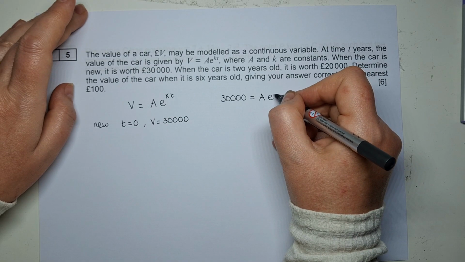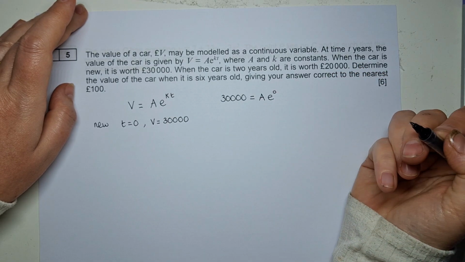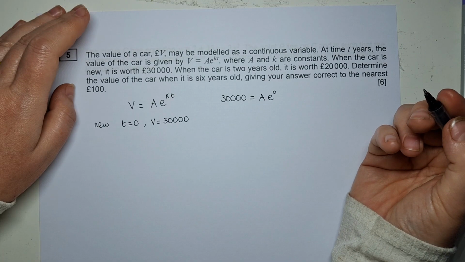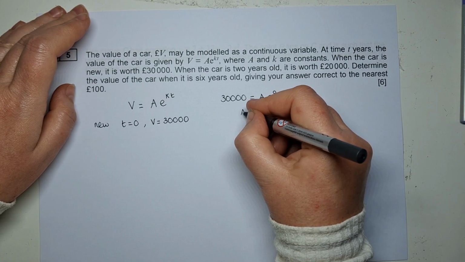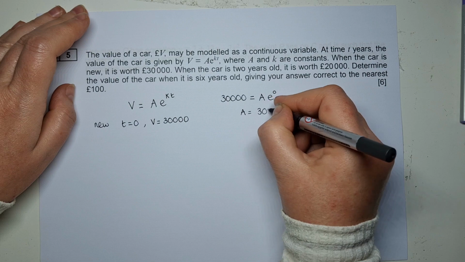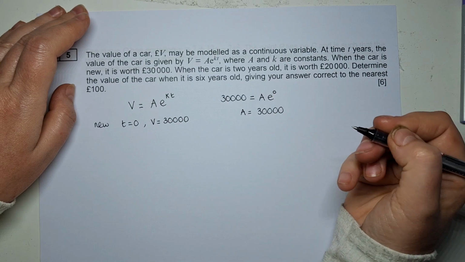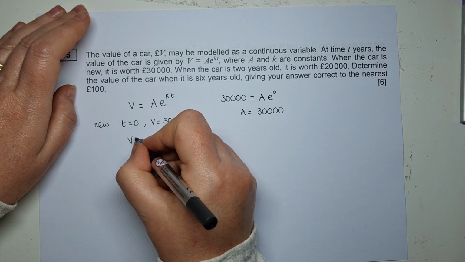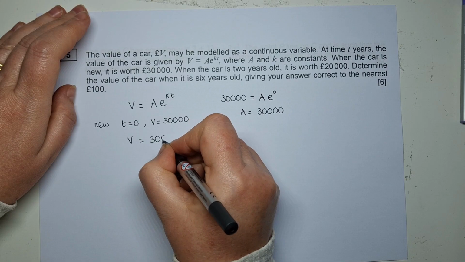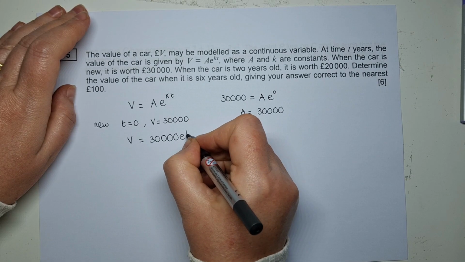So a e to the power of 0, and e to the power 0 is 1, because anything to the 0 is 1. So that means a is 30,000. So now our formula is 30,000 e to the kt.